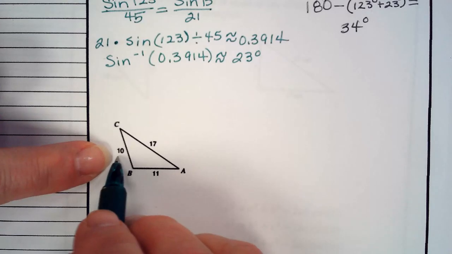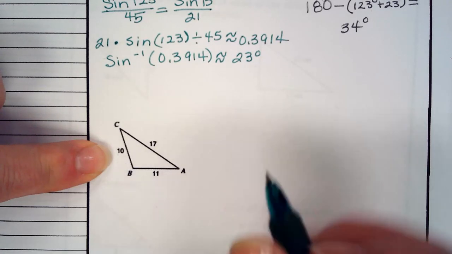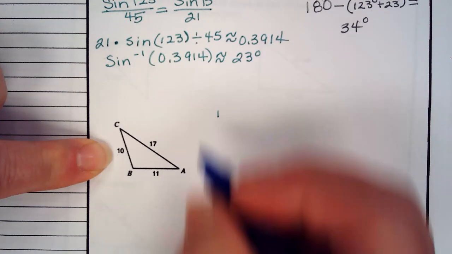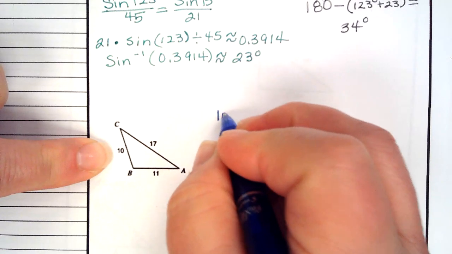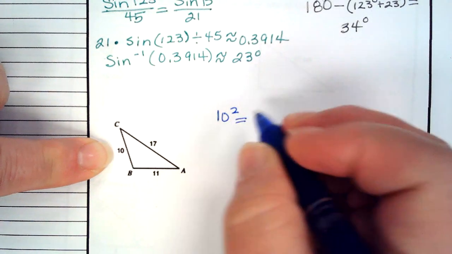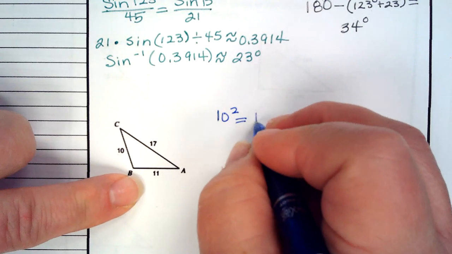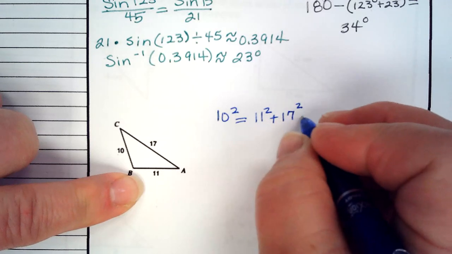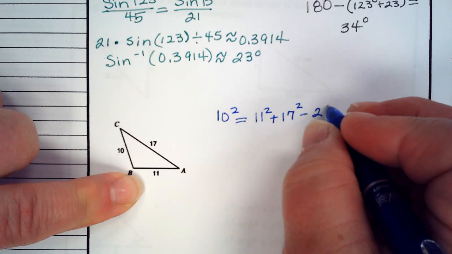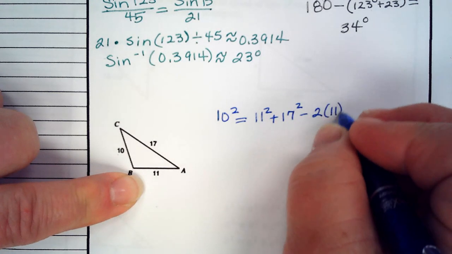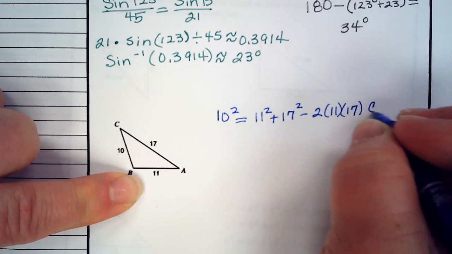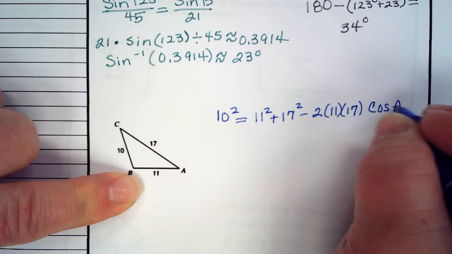If you want to find angle A, then we start with 10 squared. So 10 squared is equal to 11 squared plus 17 squared minus 2 times 11 times 17 times cosine of A.